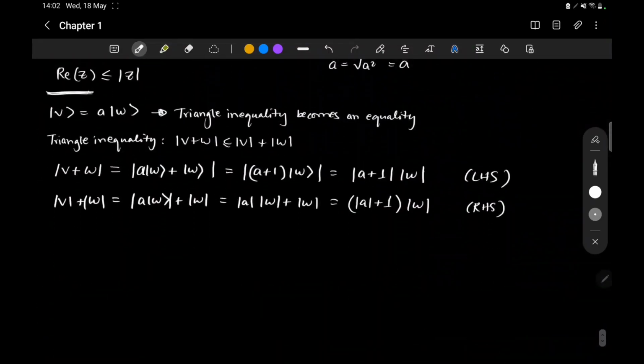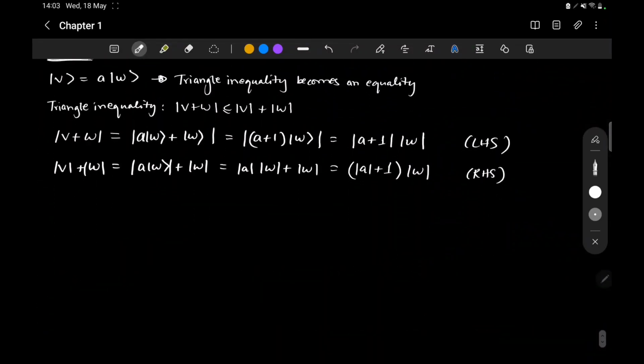the question clearly stated that a is a real positive scalar. And if you see over here, then we also see that mod of a plus 1 will be equal to mod of a plus 1 only for positive real a, because if a is something negative, then this equality will not be satisfied.